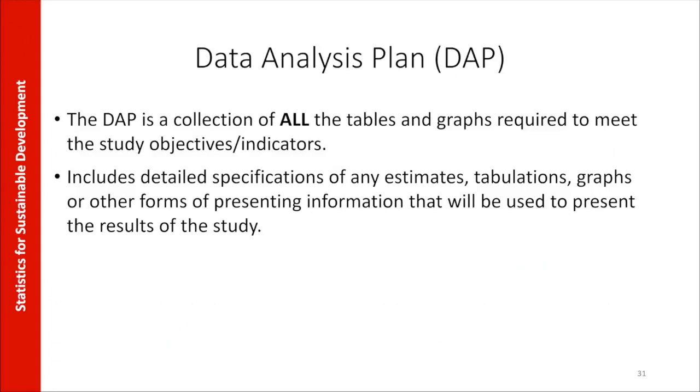So this data analysis plan is the collection of all the tables and graphs required to meet all the study objectives and indicators, and includes all the detailed specifications of any estimates. So any disaggregations we are looking for, or what is the shape of the graphs, or what is the information that would be included in each of them.